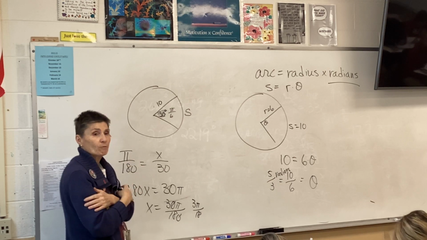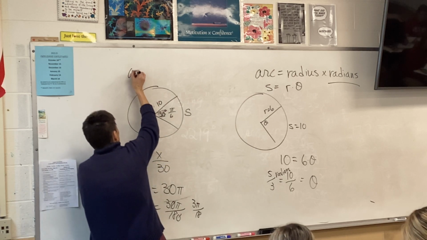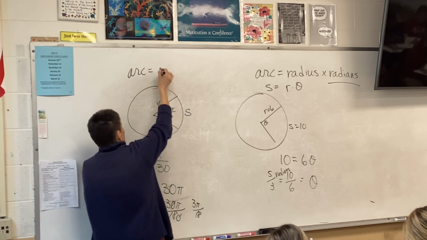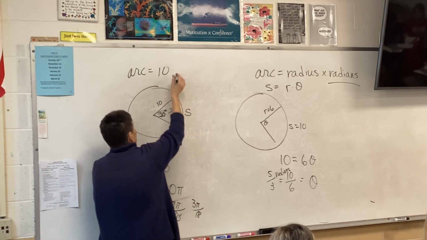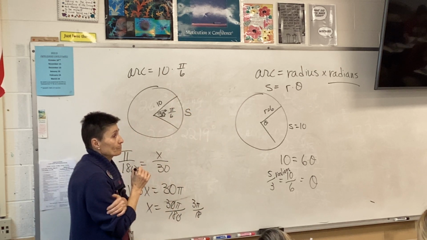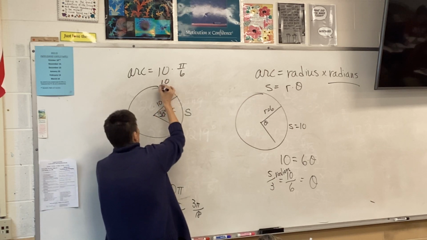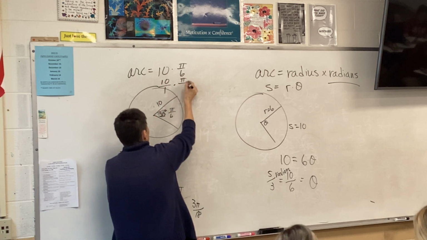Now can I use my formula? Arc length equals the radius times the radian measure. So 10 over 1 times pi over 6.